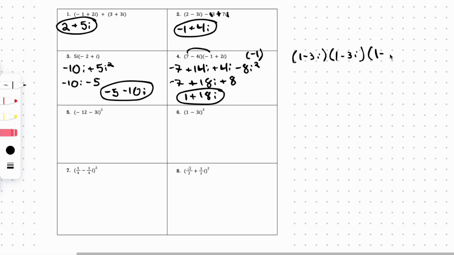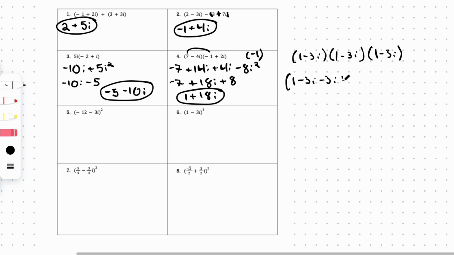You know, let's just keep this here. But we're just going to focus on these two right now. So 1 times 1 is going to be 1. We should put this in parentheses. Now 1 times negative 3i is going to be negative 3i. Now we have negative 3i times 1. This is going to be negative 3i. Negative 3i times negative 3i is going to be positive 9i squared.